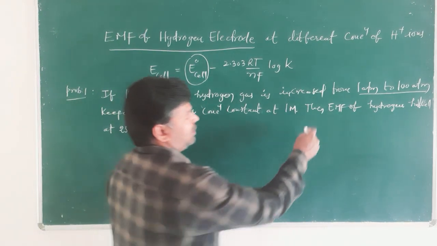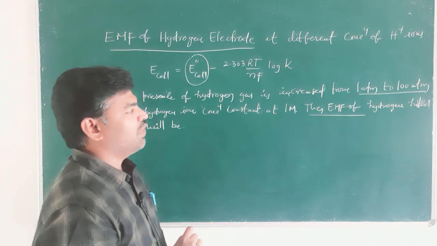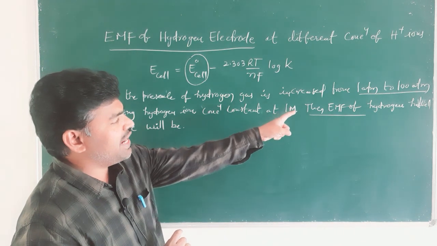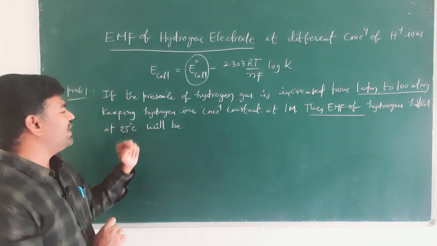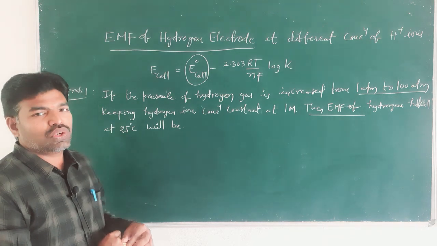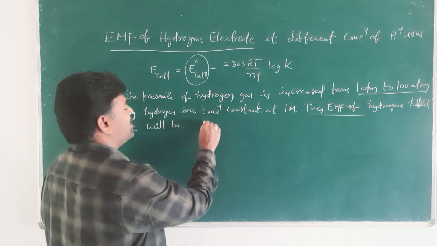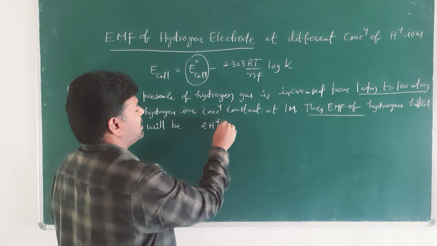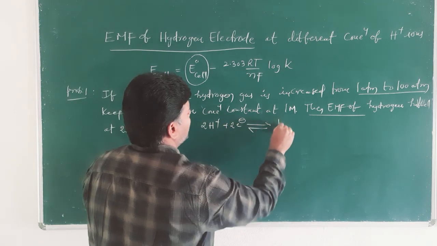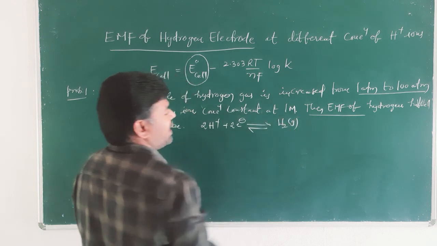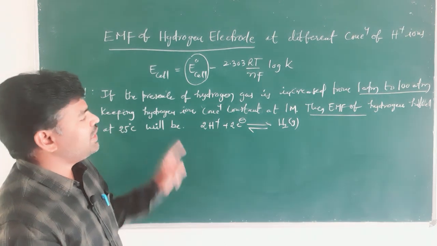What we require to determine is the EMF of the hydrogen half cell. So, you should write the hydrogen half cell reaction. What is that? 2H plus plus 2 electrons gives rise to H2 gas. This is the electrode reaction for the hydrogen electrode.